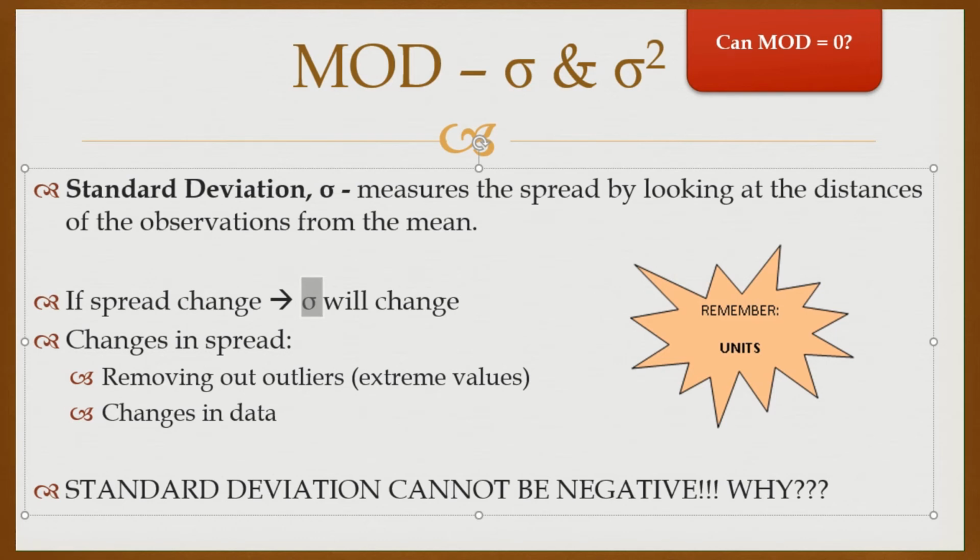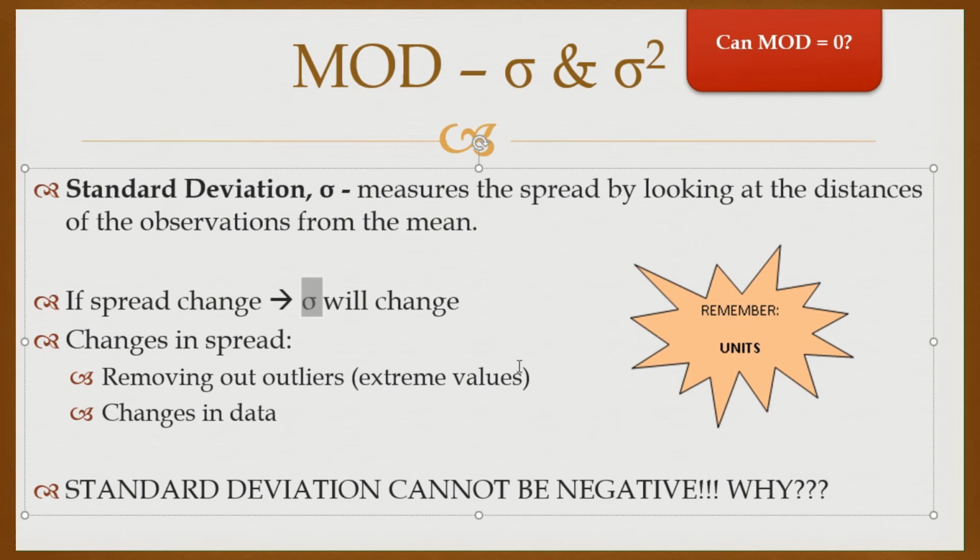So what does standard deviation mean? It means how much each data deviates from the standard. Your standard is your mean. You're basically calculating the distance between each data and the mean. That is what standard deviation means.